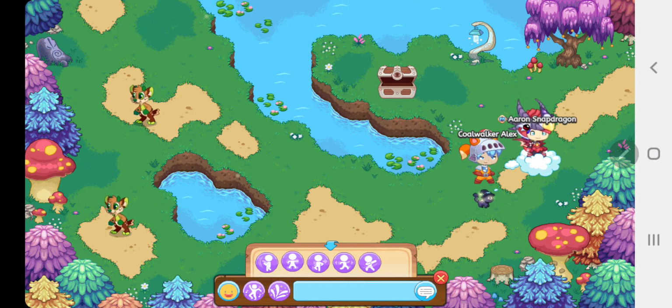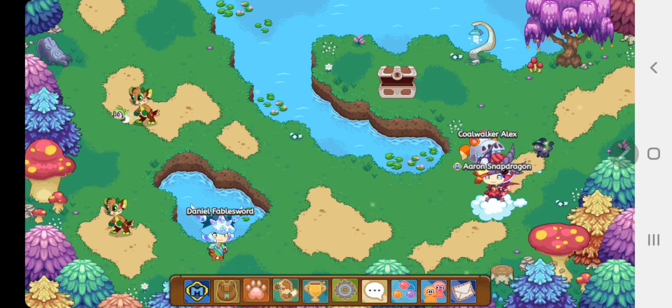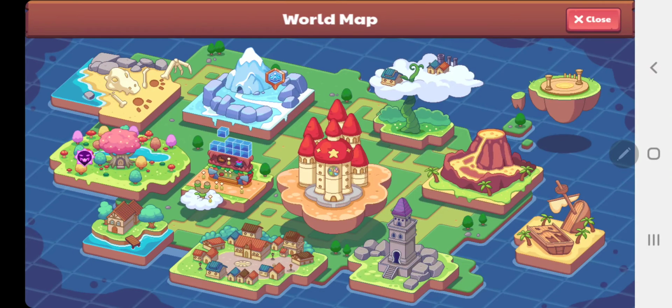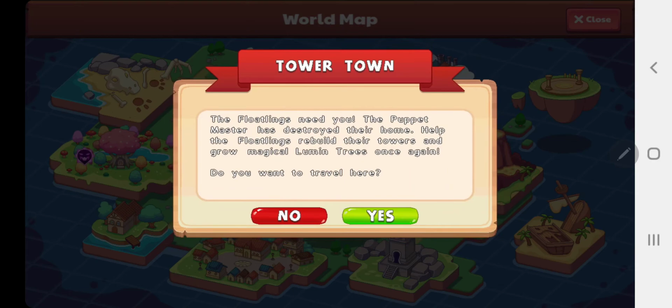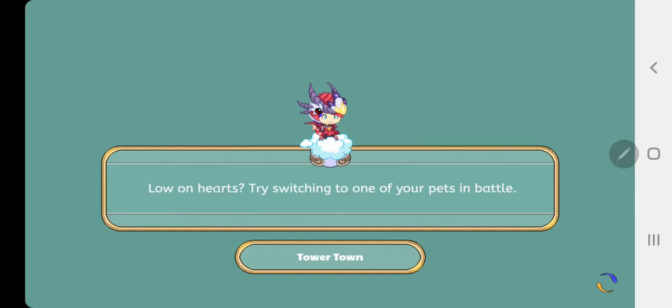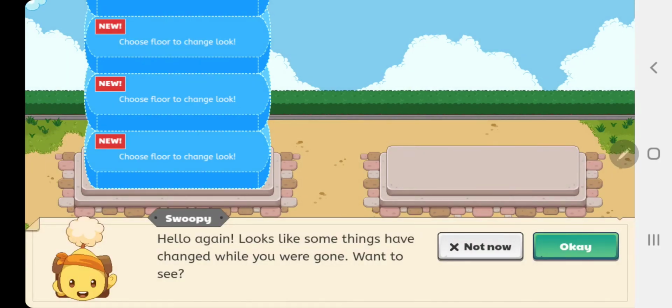But okay, so now I'm gonna go to the map. If you go right here, you could get legendaries, but you cannot get them now because you need to buy them and they're already gone for a long time. And here I like this place because you could build, but you need to do math questions to build up.